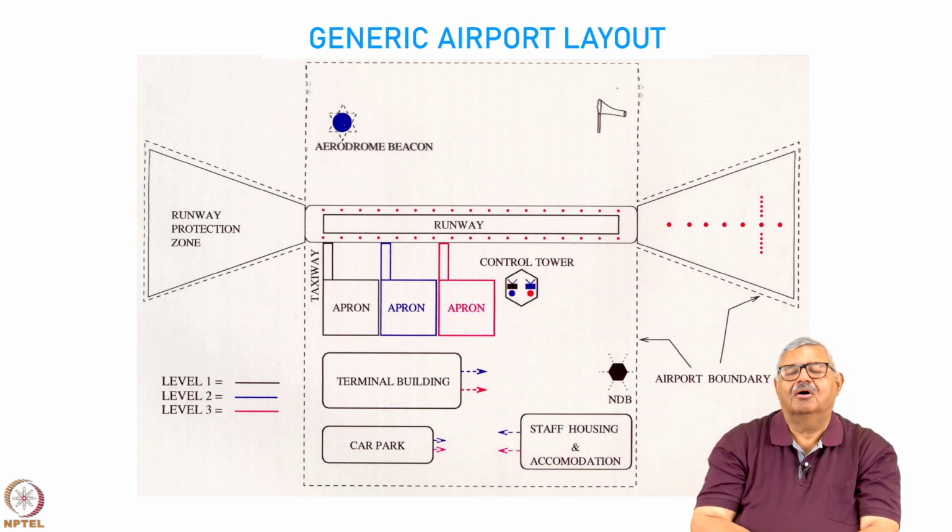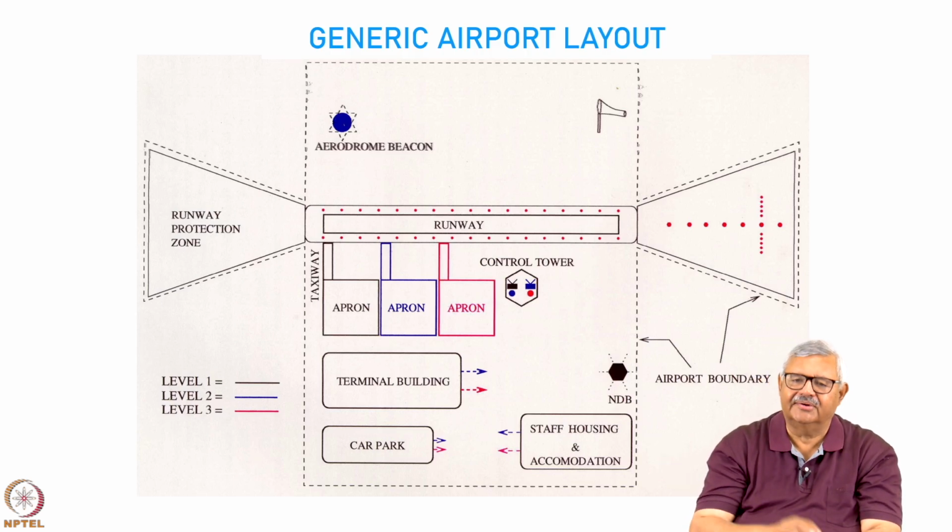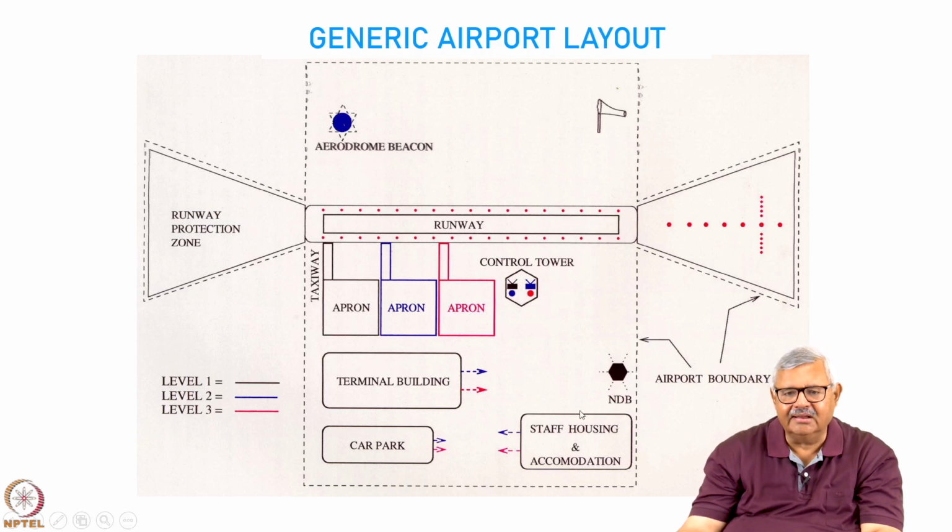So we will have housing of staff and accommodation on board. NDB is compulsory for every airport, so it's a black item. Then you have these windrows, right, and you have this airport boundary, the dotted line. This is required. Now, in the control tower, you have one radio, but in the black there is no human being.